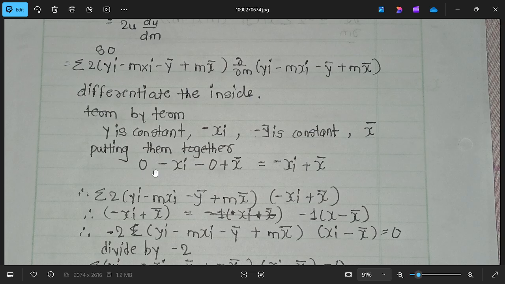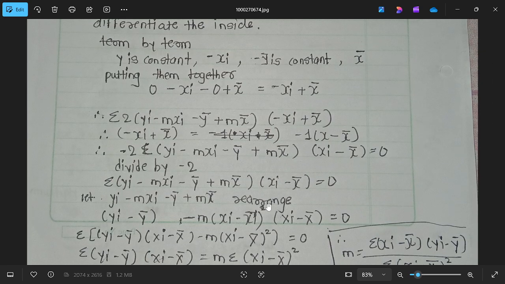As we have written here, it will become -1, because here is the m value. And for the y bar, it is a constant so it becomes 0, and it will become +1.